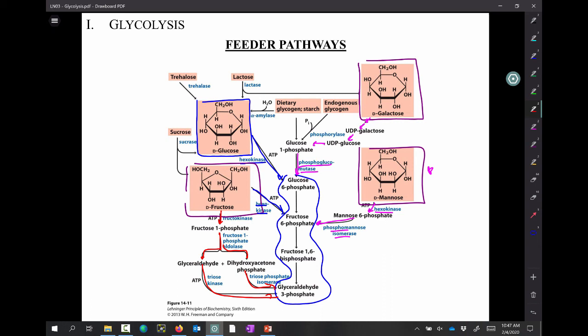Now, I do want to say one last thing here, in particular in regards to fructose metabolism, because fructose metabolism gets a lot of press. There's a lot of research indicating that fructose metabolism and diets high in fructose can lead to metabolic disorders, including type 2 diabetes. We're not going to get into all of that, but I do want to look at this.